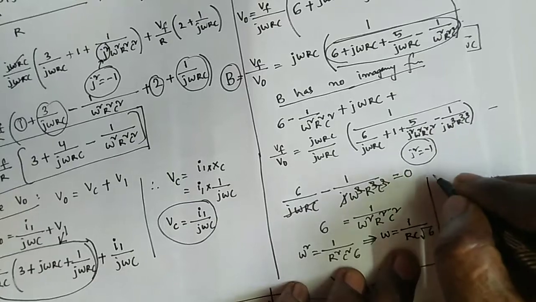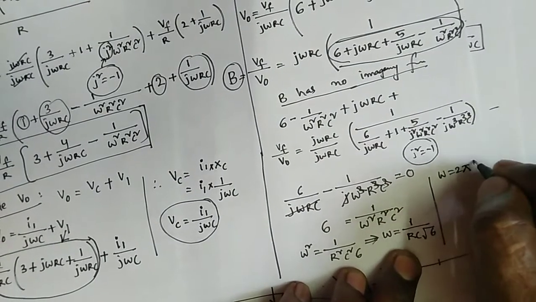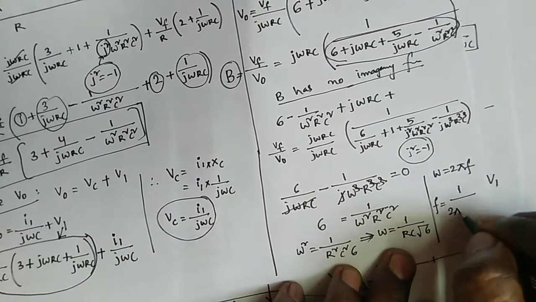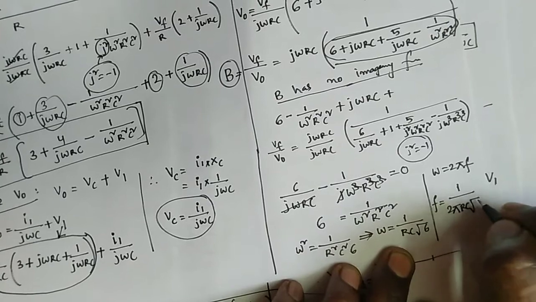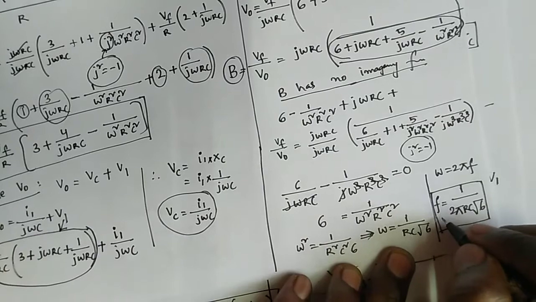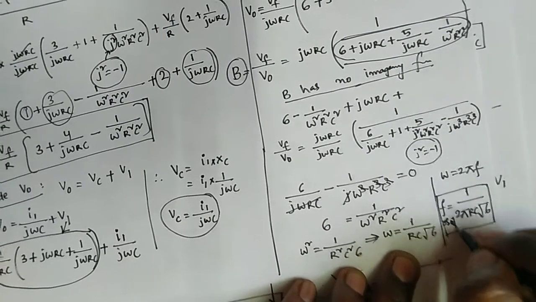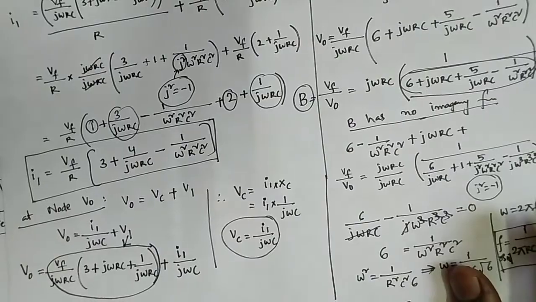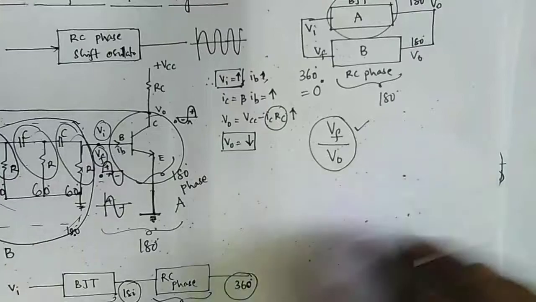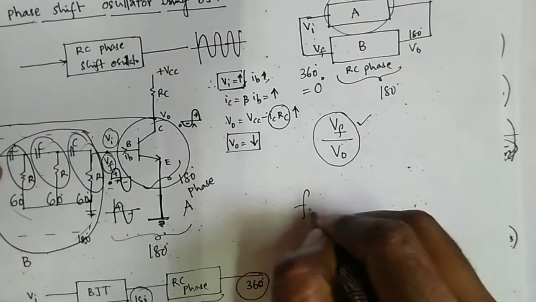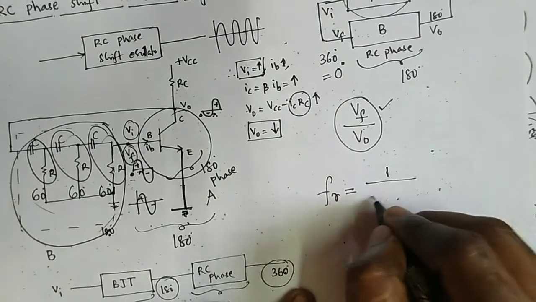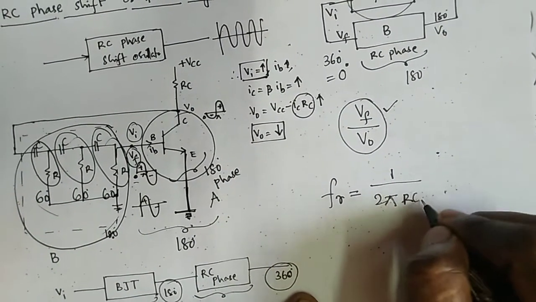Since omega is equal to 2 pi f, f is equal to 1 by 2 pi RC root 6. This is the oscillation frequency. So the final expression is that the oscillation frequency f is 1 by 2 pi RC root 6.